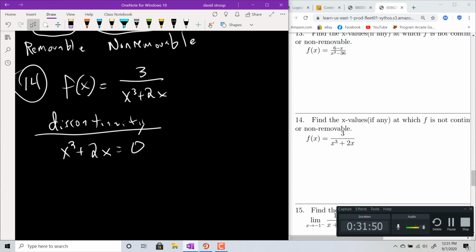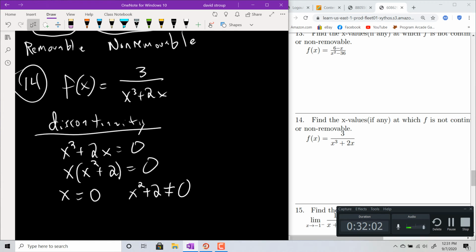I could factor out the x, and I get x squared plus 2 equals 0. And then it looks like my only discontinuity is at 0, right? Because x squared plus 2 will never equal 0. It's always greater than or equal to 2. So my only discontinuity is at 0, and it'll be an asymptote because it's not a 0 over 0 type.